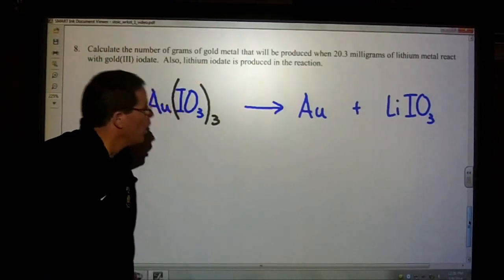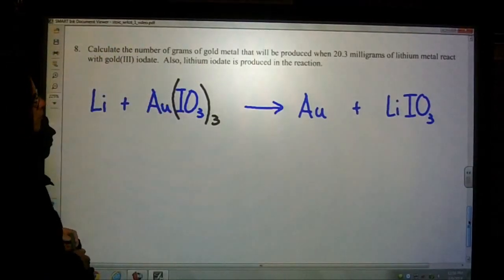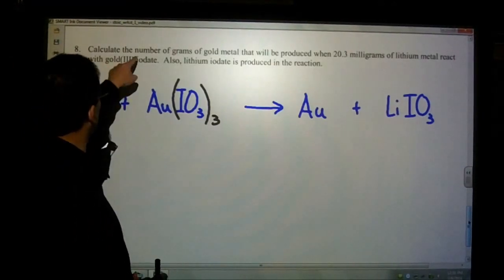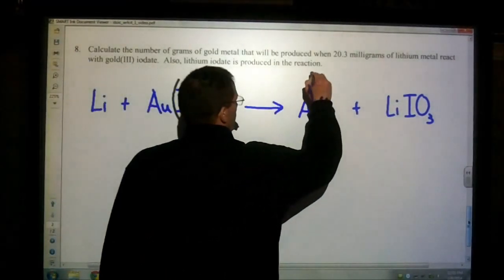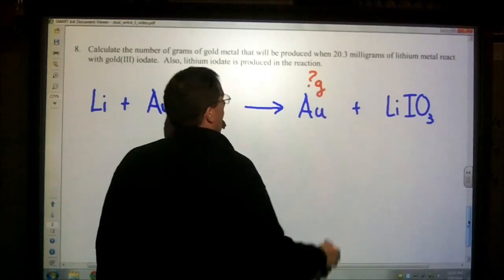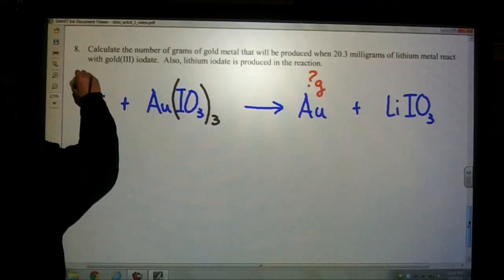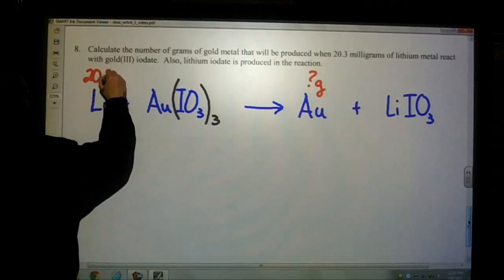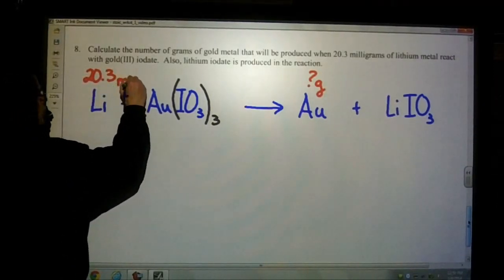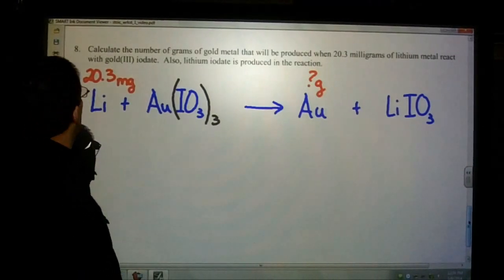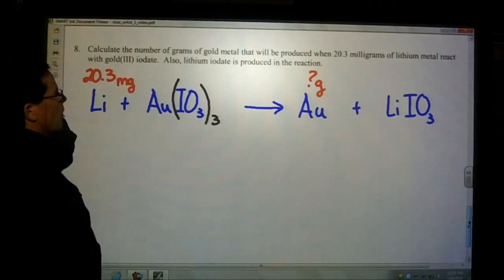All right, so now let's write down what we know. We are looking for the number of grams of gold, and we are given 20.3 milligrams, mg, of the lithium metal.